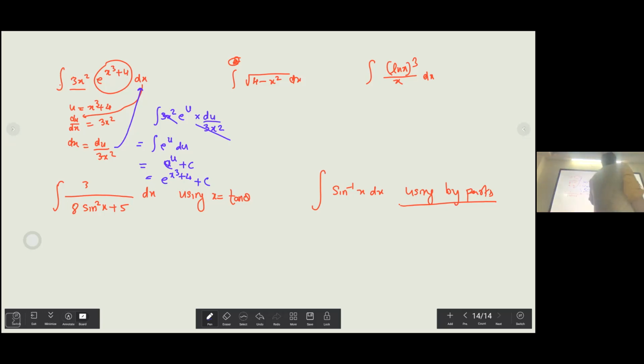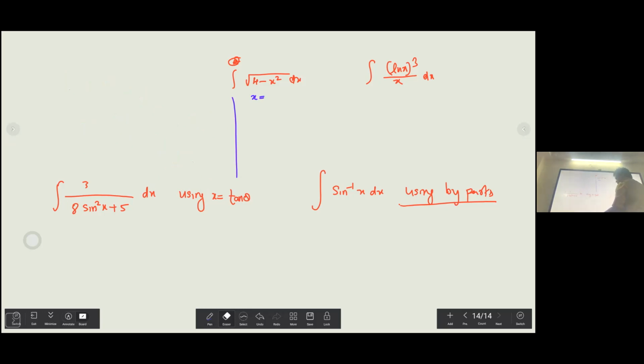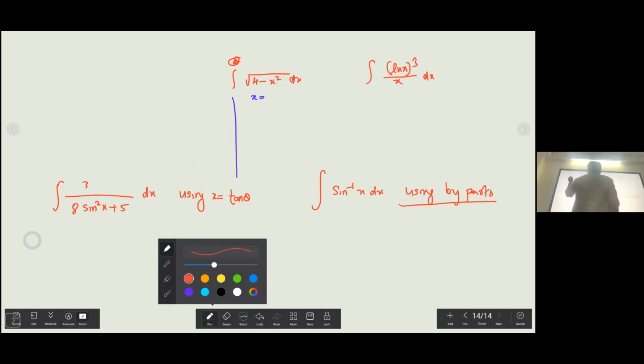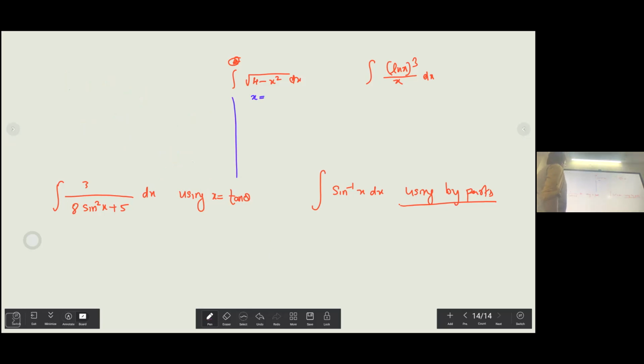So next part is when we take, let's say, root of 4 minus x square. Now here the substitution is a little different. I'm just making a summary of the substitutions which you got to remember. If it is a trig substitution, basically if you got anything of the format root of a square minus x square, then you take either x as a sine theta or a cos theta.